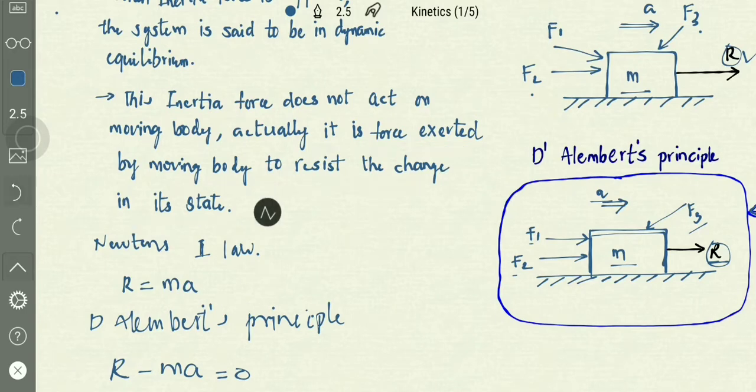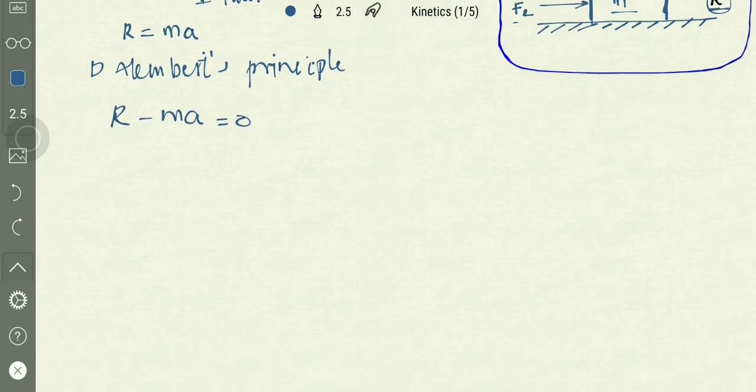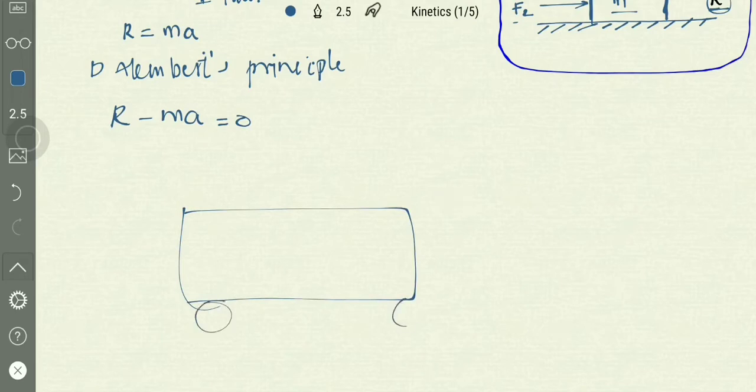So what it is saying is, if you are sitting in a bus and the bus is firstly at rest, if the bus suddenly starts, then you will be going backwards, because firstly you are at rest.